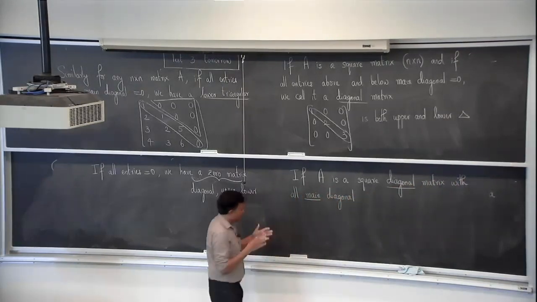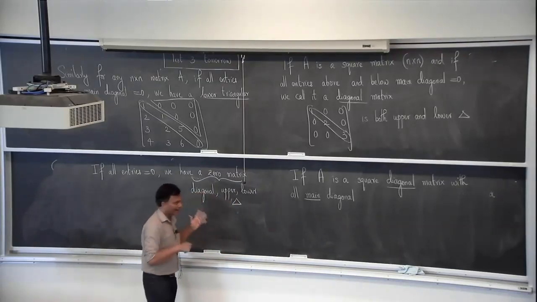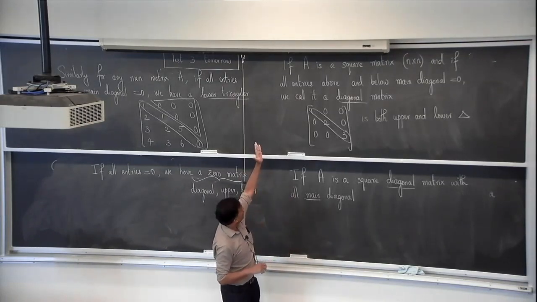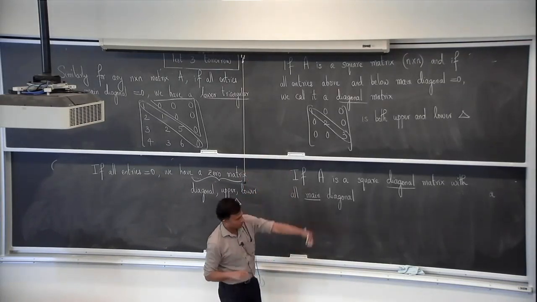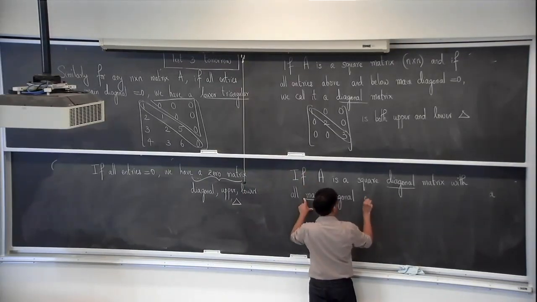I keep on saying main diagonal because there is also an off diagonal which nobody cares about, but I don't want you to go there. Main diagonal is the one that goes from the upper left corner to the bottom right corner.